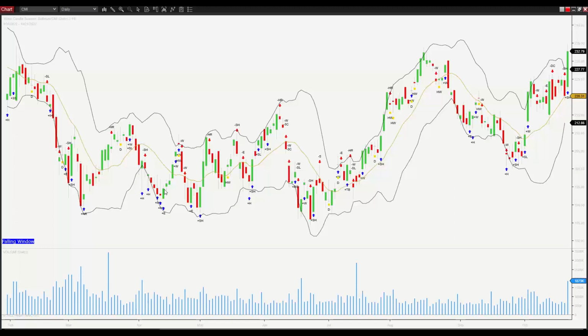Realize a couple of things. When you first buy Candle Scanner, it's like anything else. You're new to it. You're not going to be an expert at it on day one. The more you use it, the more of these types of sessions that you come to, the more you watch the best practice videos and strategy videos that we provide for you, the easier and more powerful the software will become.